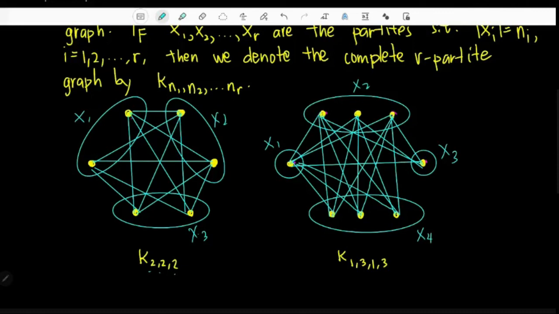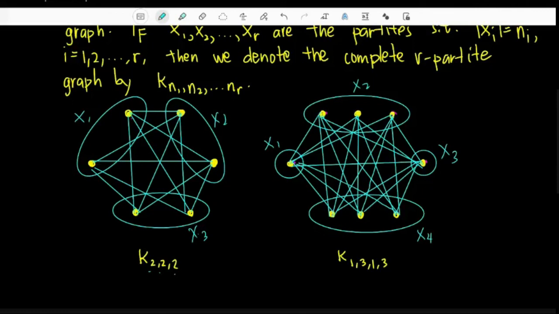Next, X3 is already connected to the vertices of X1 and X2. So all we need to do is to connect this to the vertices of X4. Finally, we no longer need to connect any of the vertices of X4 since it's already connected to each and every vertex of partitions X1, X2, and X3.